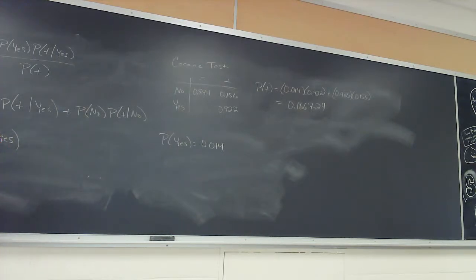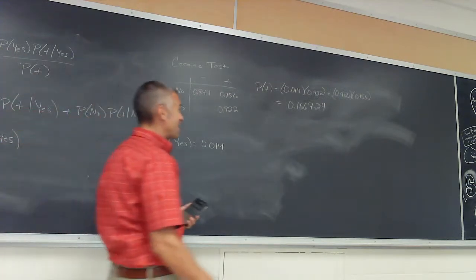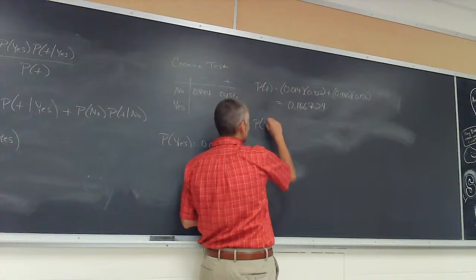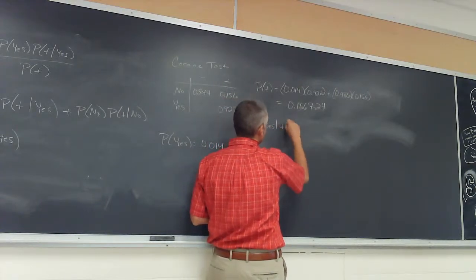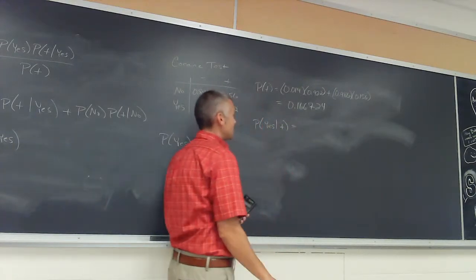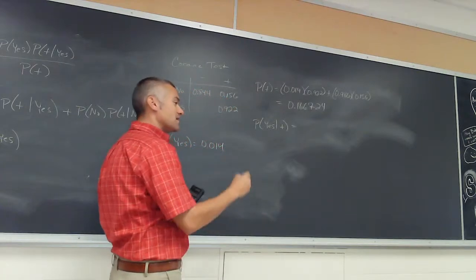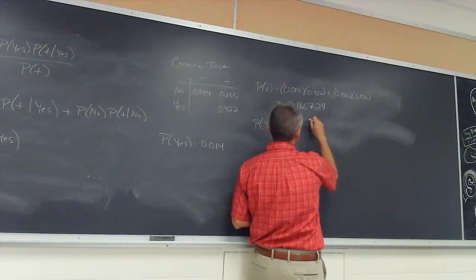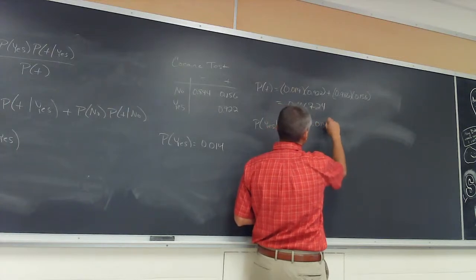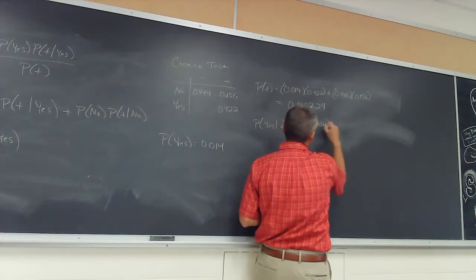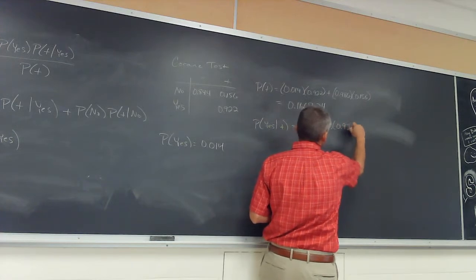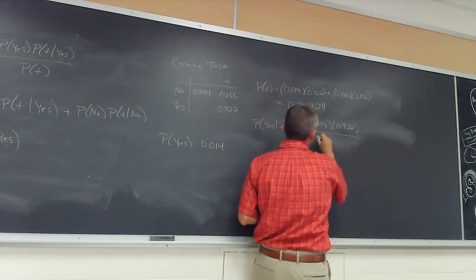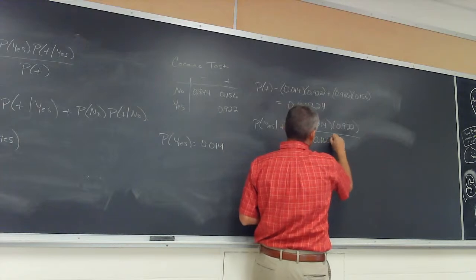That's why they got you. 17%. So let's see. The probability that he actually uses cocaine if it comes back positive is that top number, this first part over the total number of positives.